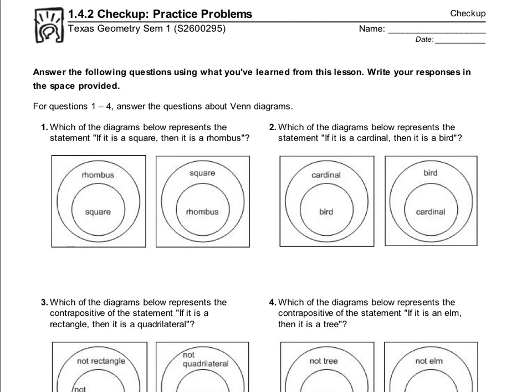All right, we're going to look at number 1. Which of the diagrams below represents the statement, if it is a square, then it is a rhombus? Now, what they're telling you is, if something exists that's a square, it also falls into the category that it's a rhombus. And here's the important thing: whatever comes first in the statement in question is always the inside circle.